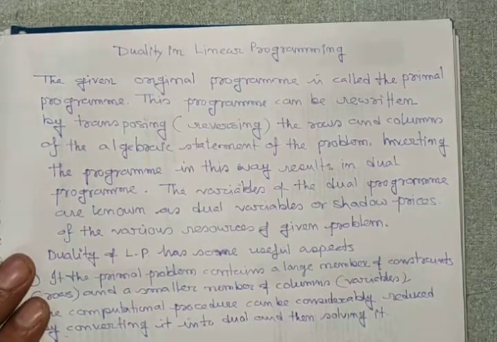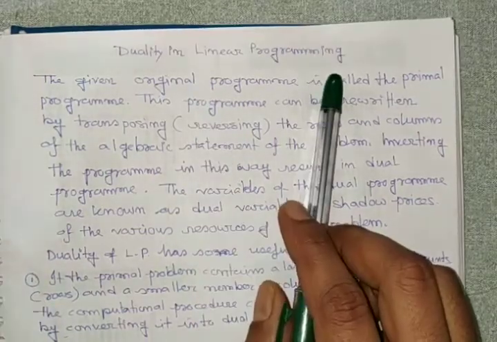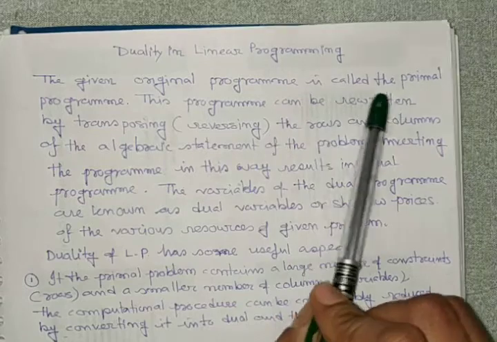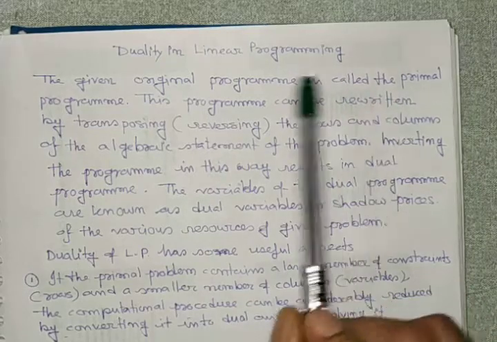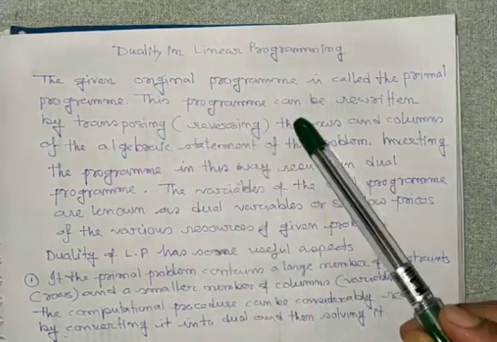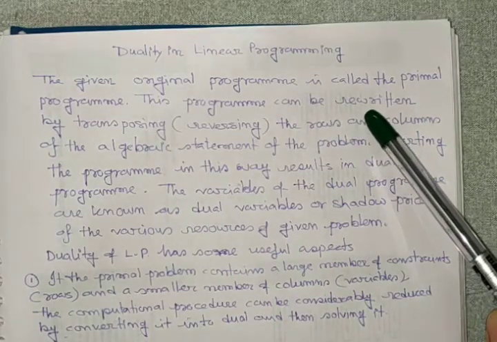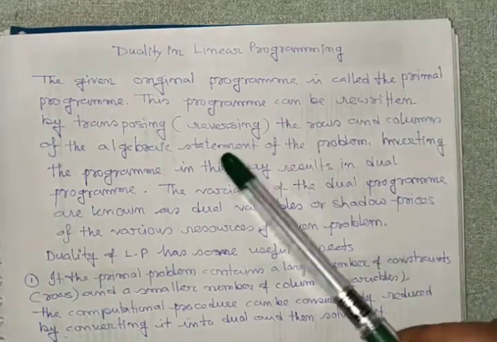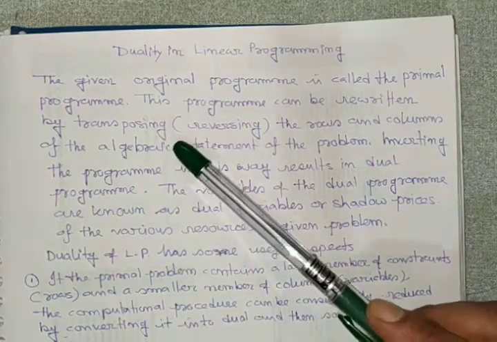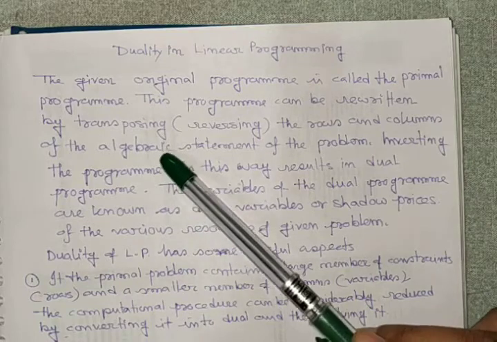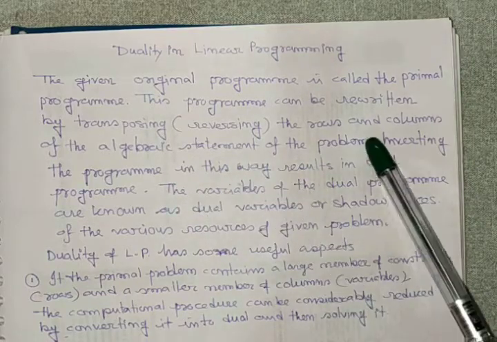So today we will discuss duality in linear programming. The given original program is called the primal program. This program can be rewritten by transposing or reversing the rows and the columns of the algebraic statement of the problem.